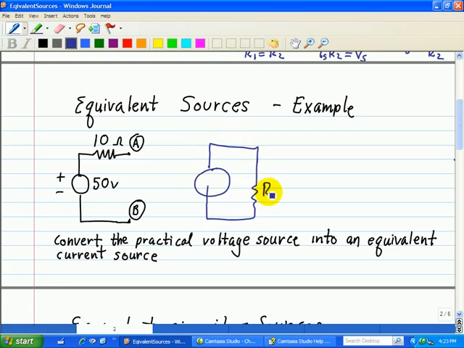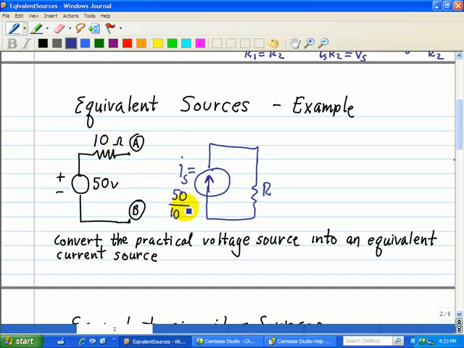So here's our parallel resistor, and here's our current source Is. Let me clean this up a little bit.